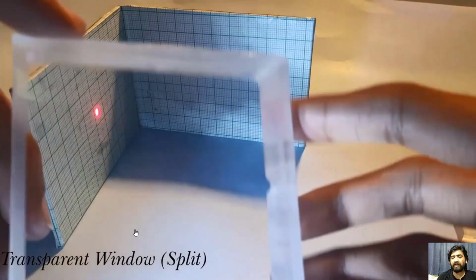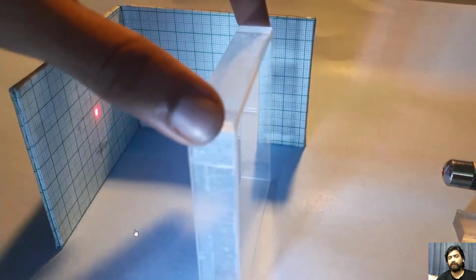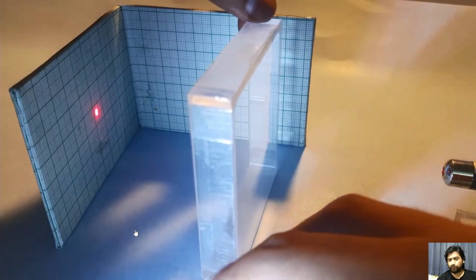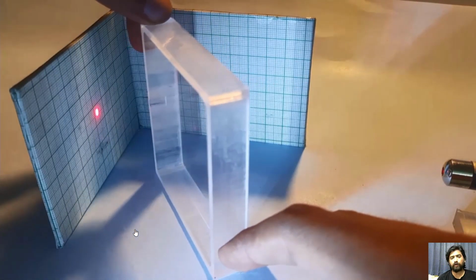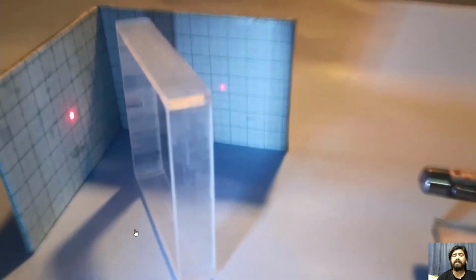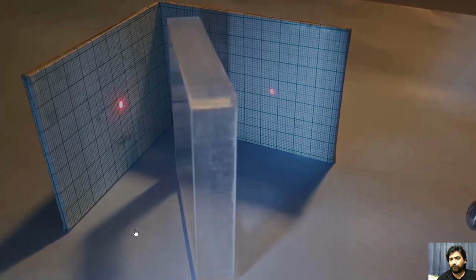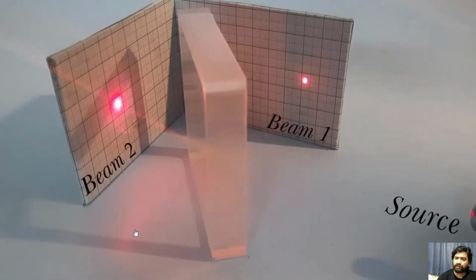Some portion will get reflected as well. We will utilize that advantage and place this window, which we are calling the splitting window, in an appropriate way such that two spots will be observed, one on the back side screen and another on the right side screen. Here it can be observed, now we have two spots and they are generated from the same source. So the laser beam got split into two.